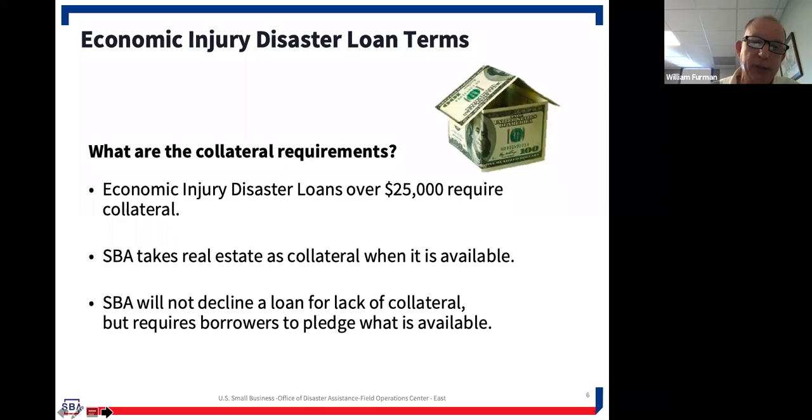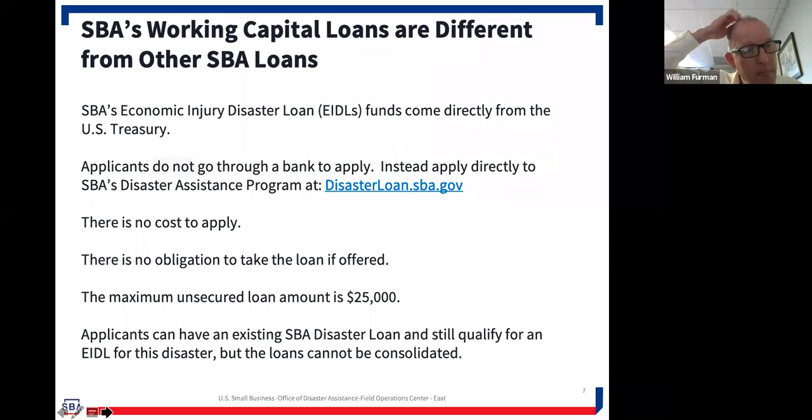So Congress right now is considering and debating what they need to do to increase those funds and get additional funds from the Treasury. Applicants do not go through the bank to apply. Instead, they apply directly to SBA's Disaster Assistance Program. This would take you to the portal. You can go and look at that, but it will not let you in to apply right now.